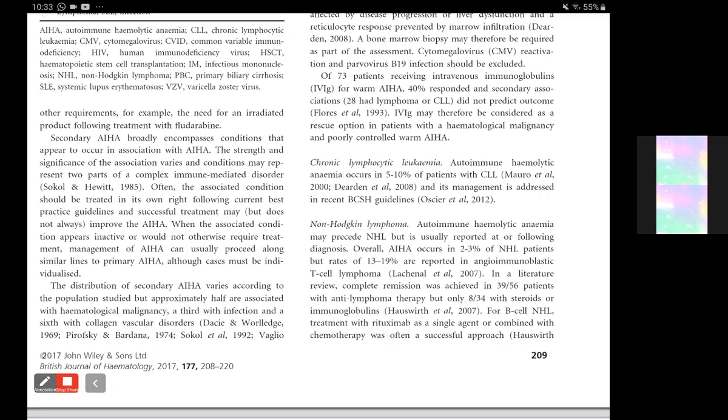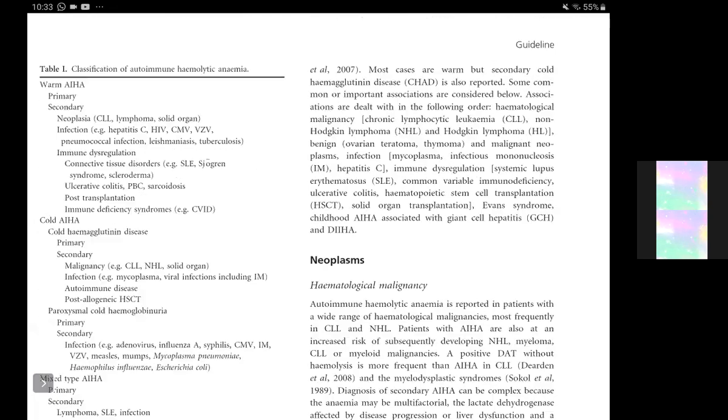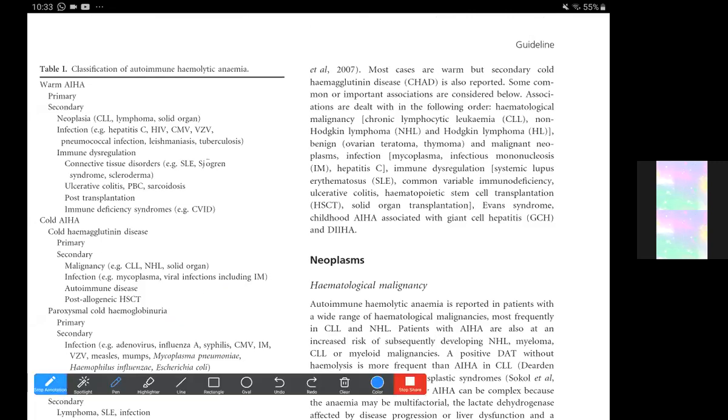Based on these, most cases are warm, but secondary cold hemagglutinin disease is also reported, as mentioned here, in which IgM associated causes include malignancies, mycoplasma and other infections, and autoimmune diseases.